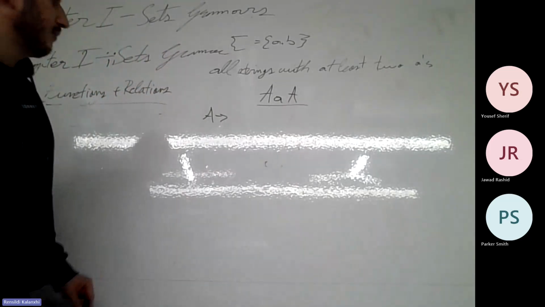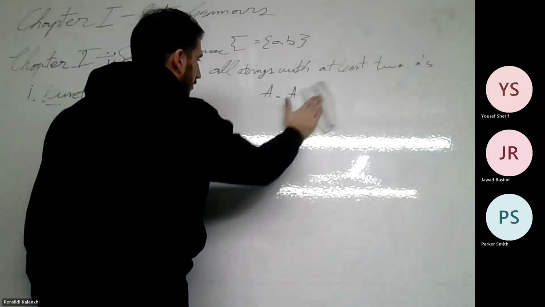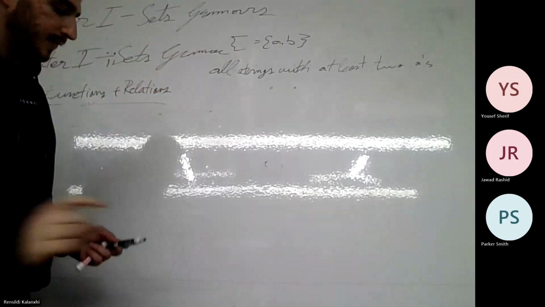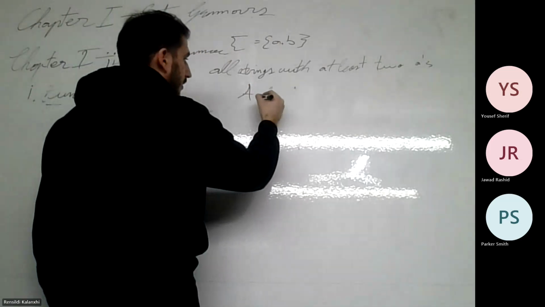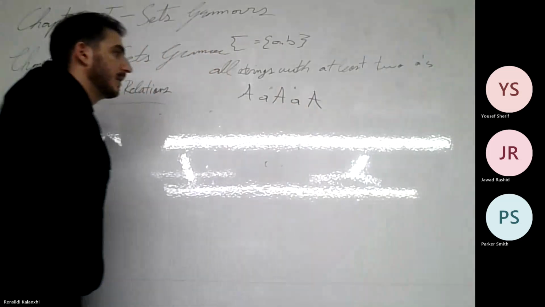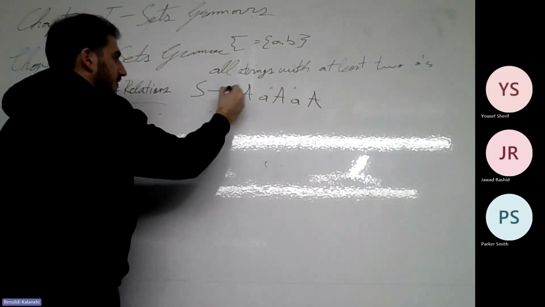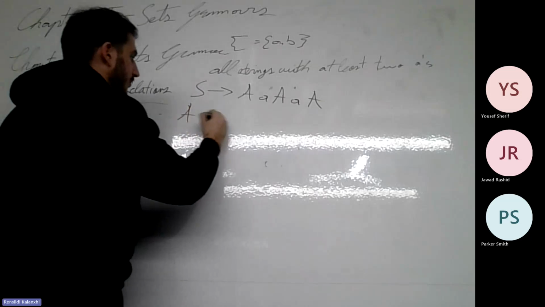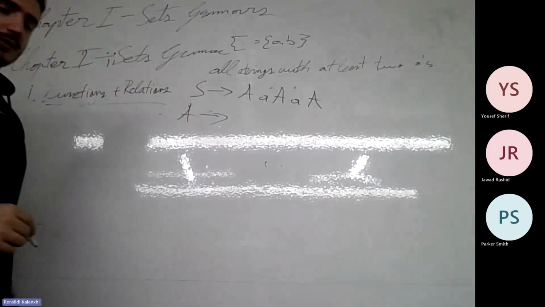It would be much better if we include... so if we do this, and then we set A to, I believe, either B or lambda.